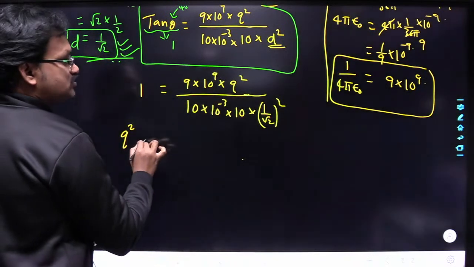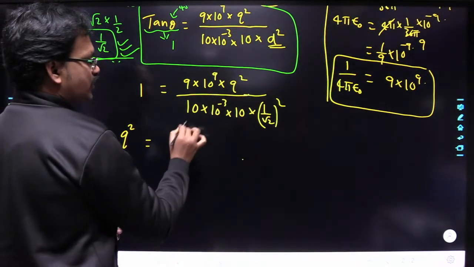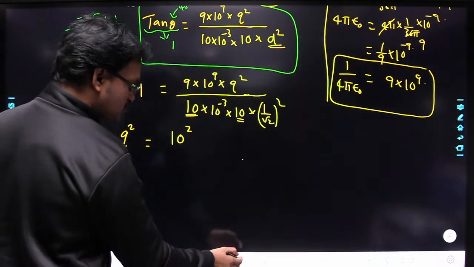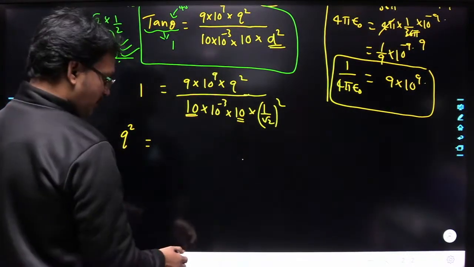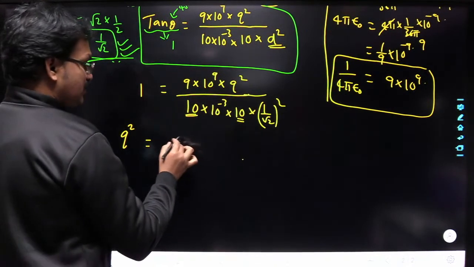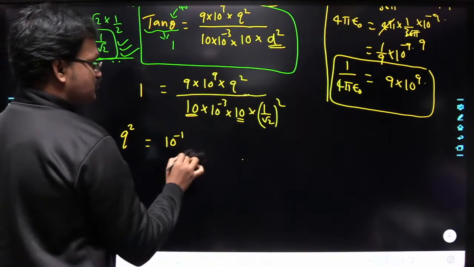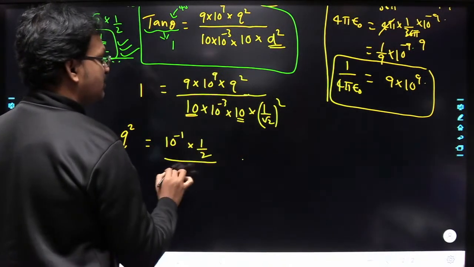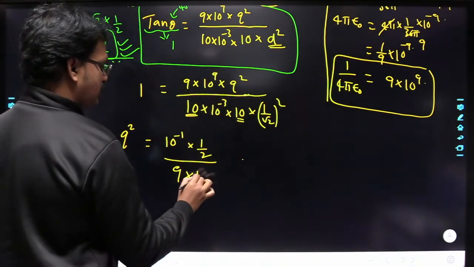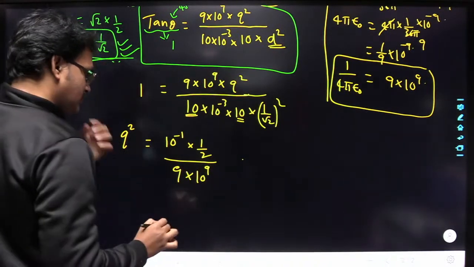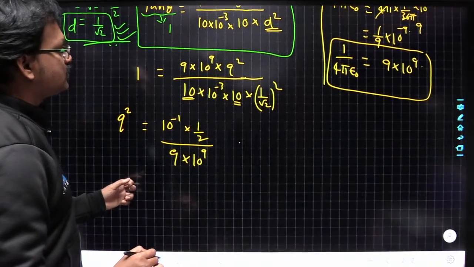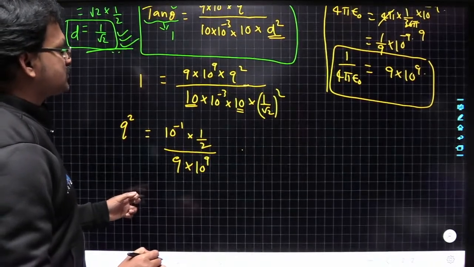So what you are going to get? Q square is equal to, so here 10 square into 10 power minus 3, that is 10 power minus 1 into 1 by 2 divided by 9 into 10 power 9. Right? Yes or no here? Is the calculation correct here?